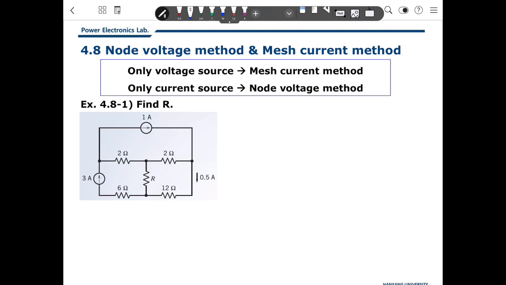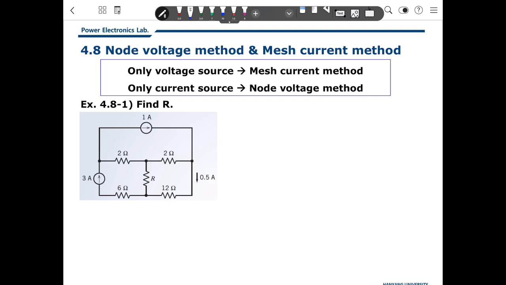This is the last section of chapter 4. In chapter 4, we have studied how to make equations to solve or analyze an electric circuit. The way to get the analysis results, the element voltage or element current, is KCL and KVL.